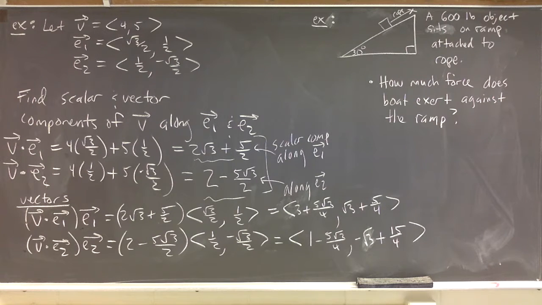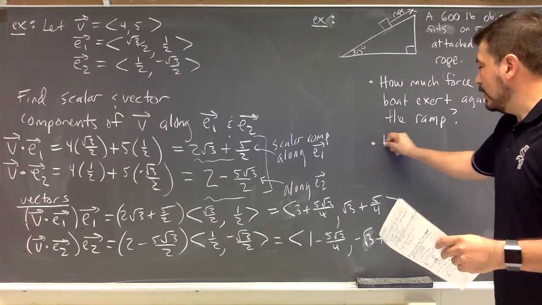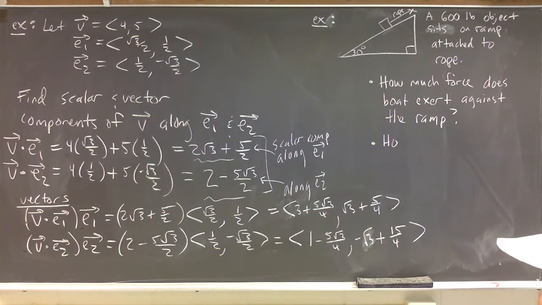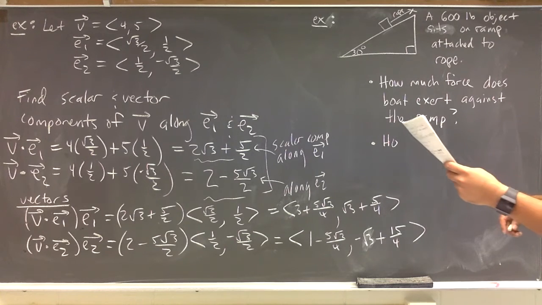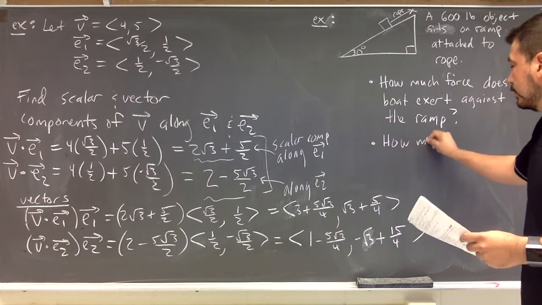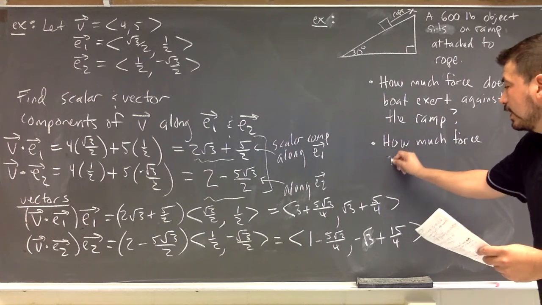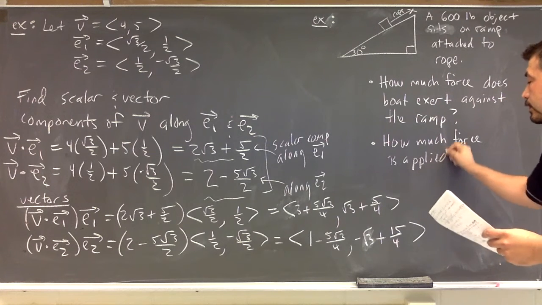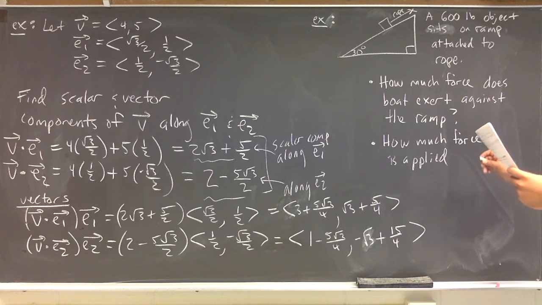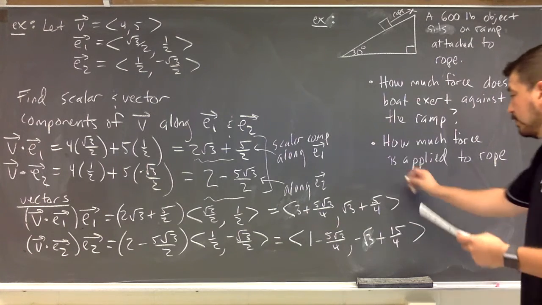And secondly, in this scenario, assuming that the object is not sliding down that ramp, how much force is applied to the rope? And by the way, the rope is parallel, right, to the ramp to prevent it from sliding.